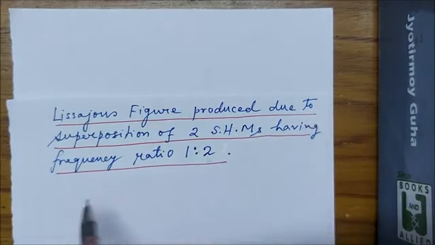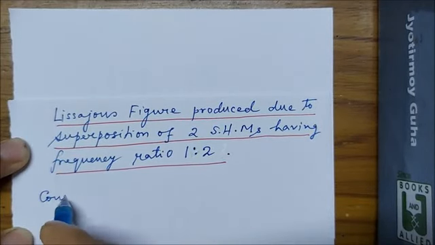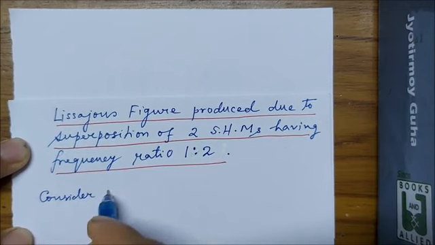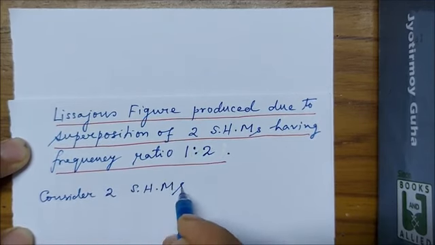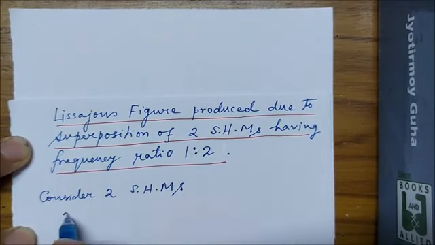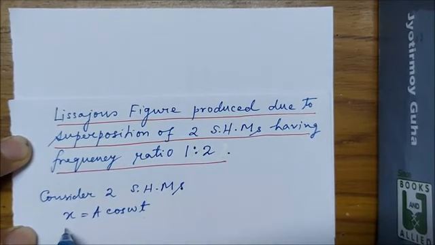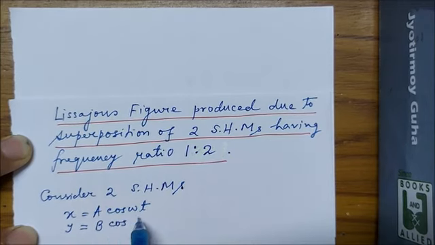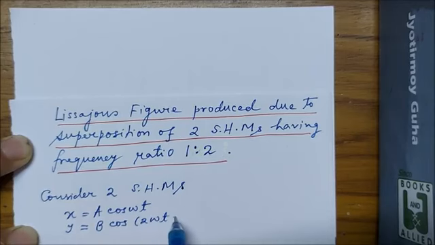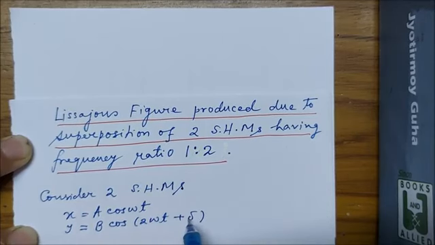Let us consider two simple harmonic motions described by the equations x equal to a cos omega t, and the other one, which is mutually perpendicular, by y equal to b cosine of 2 omega t plus delta.